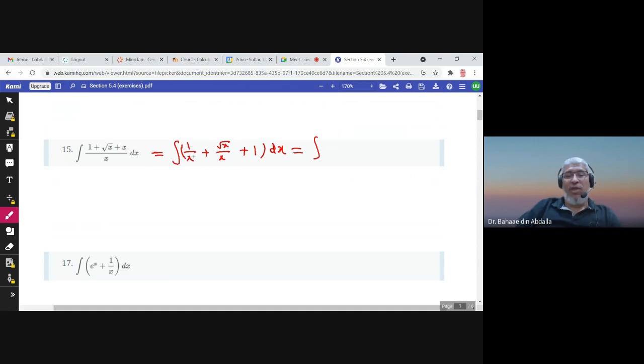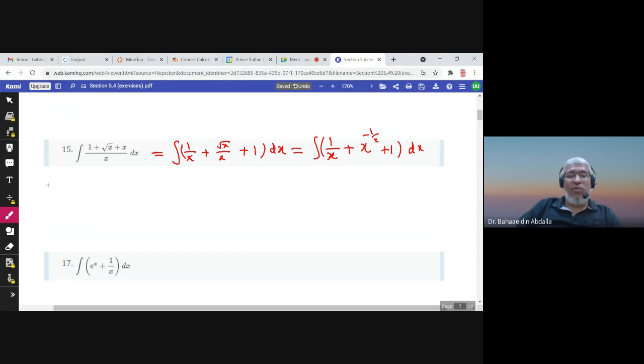So 1 over x would be x to the power negative 1. I leave it 1 over x because there is a formula especially for 1 over x. Here, this is x to the power half minus 1. So I will have x to the power negative half, and plus 1 dx.